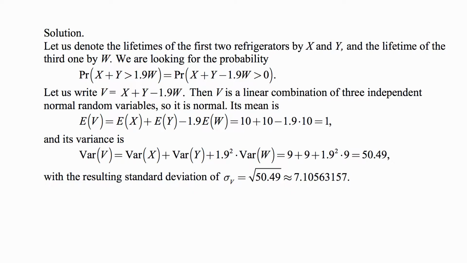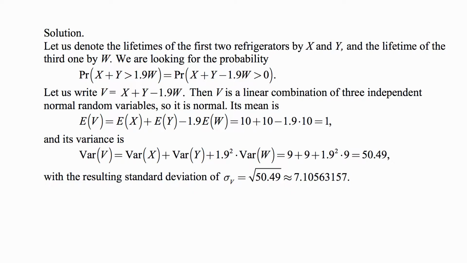And the variance of this linear combination: because X and Y and W are independent, that also means that X, Y, and 1.9 W are independent.